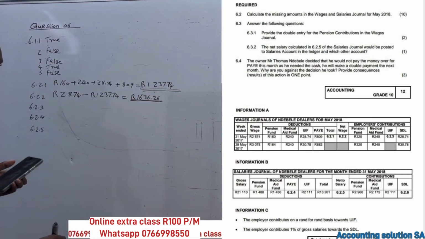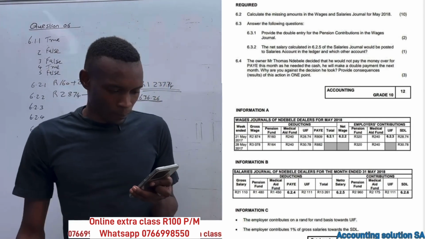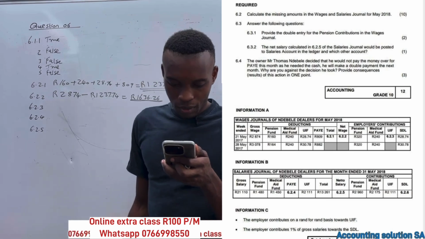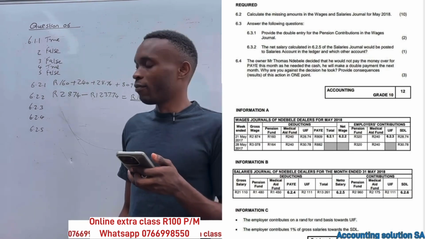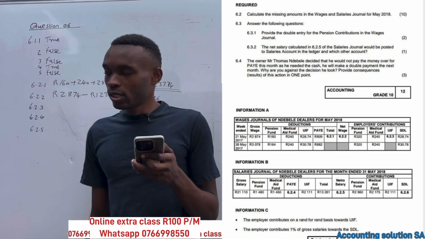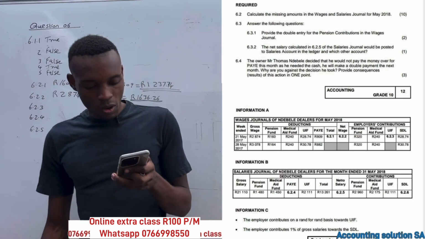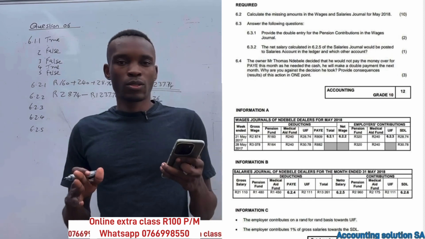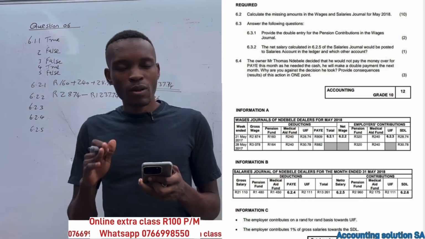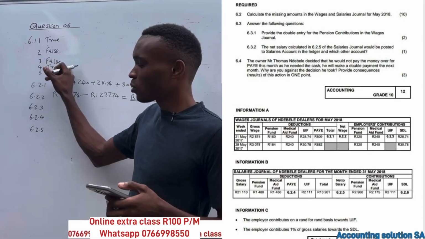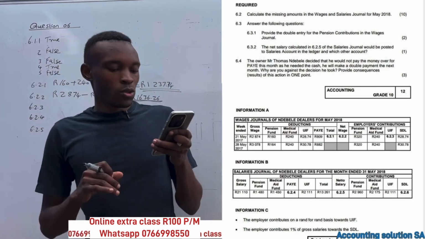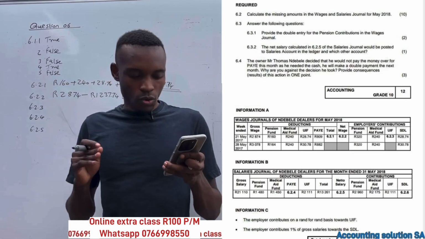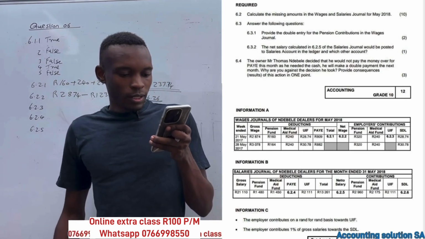Okay, then 6.2.3. Let's check, it is UIF. 6.2.3 is UIF. That's what they want us to calculate. So in this case, they didn't tell us anything, but we know that UIF is 1% of gross salary, like what we were explaining under true or false. UIF is always 1% of gross salary, not net, gross. Okay, now let's go back to gross.